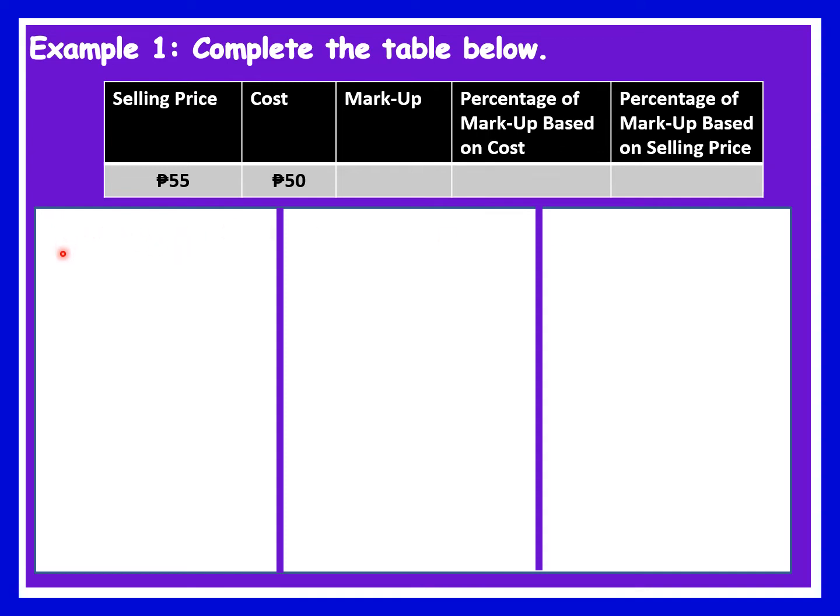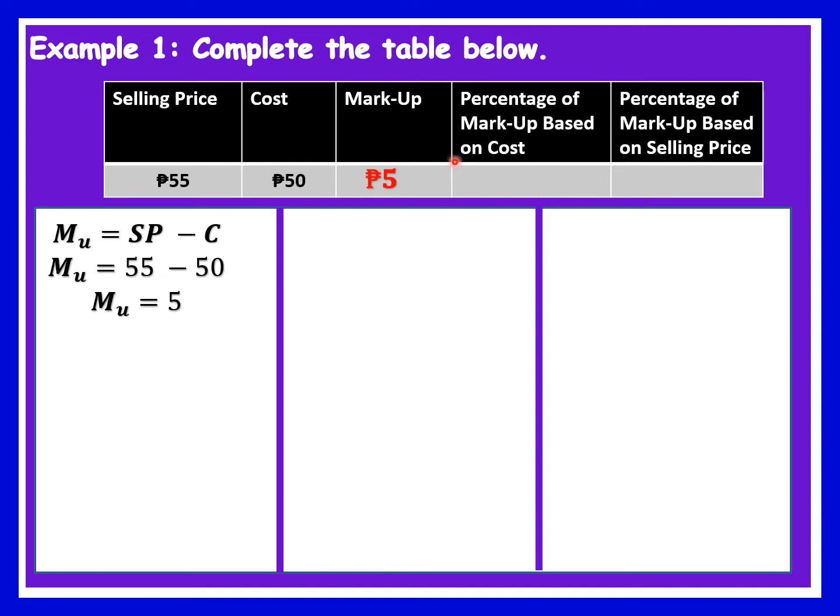To find the markup, as we have said a while ago, the formula is MU equals the selling price minus the cost. So our selling price given there is 55 and the cost is 50 pesos. So let's substitute. Okay, then let us subtract. That will be 5. So therefore, our markup is 5 pesos.